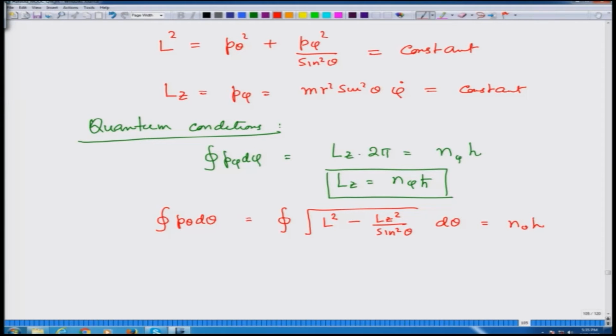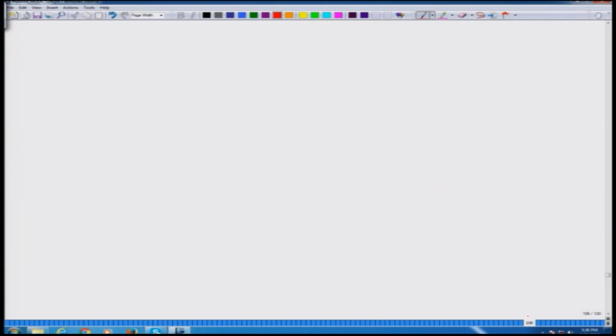All right. And now, Lz is the z component of L, angular momentum. Since Lz is the z component of L, it means that modulus Lz has to be less than or equal to L. Now, let us look at the integral square root of L squared minus Lz squared over sin squared theta d theta.